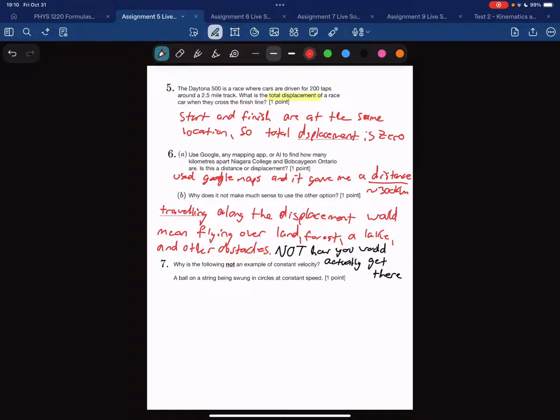Why is the following not an example of constant velocity?